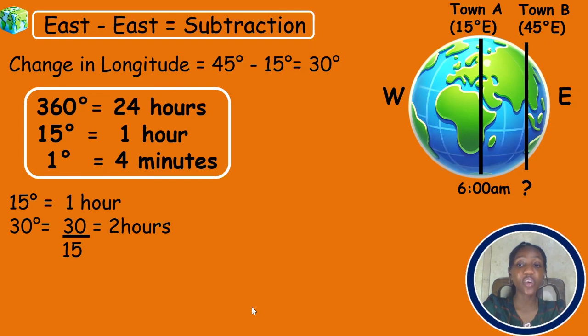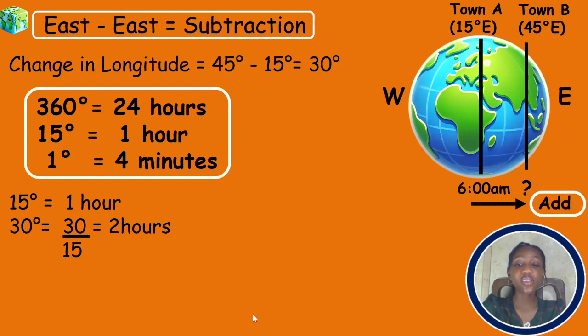And 2 hours is not our final answer, as you almost know at this point. If I draw an arrow from town A to our unknown, which is located on town B, it would point to the east. And remember that if a person goes east, they gain a day, which is addition.